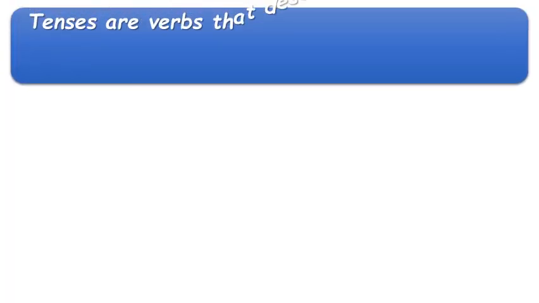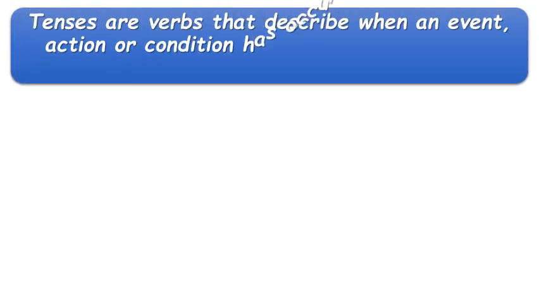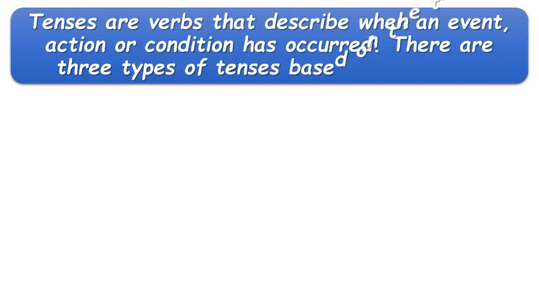Before we start reading the meaning of the sequence of tenses, first of all let's see what is the meaning of tense. Tenses are verbs that describe when an event, action or condition has occurred.